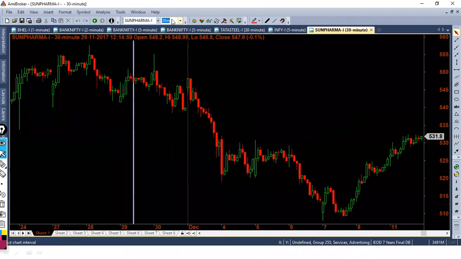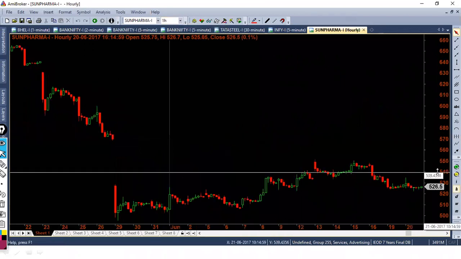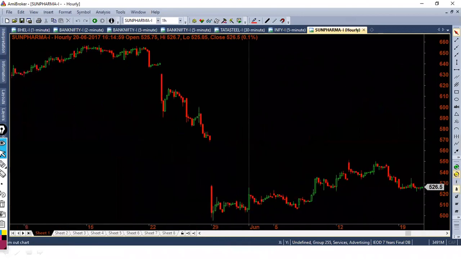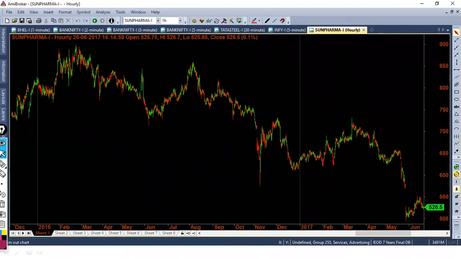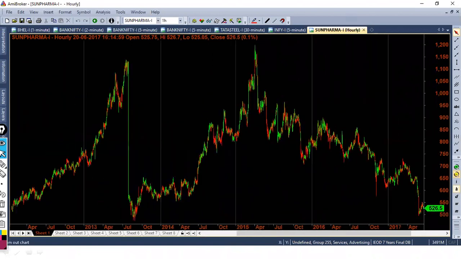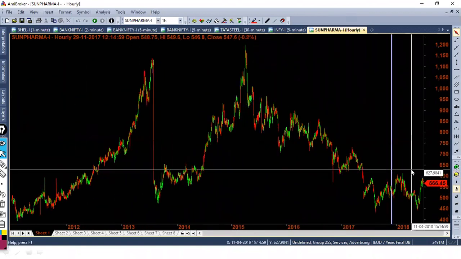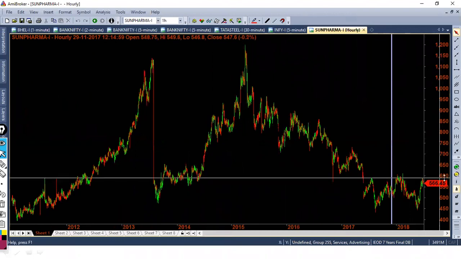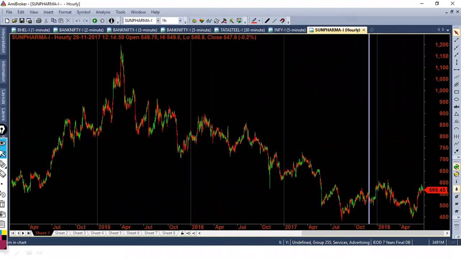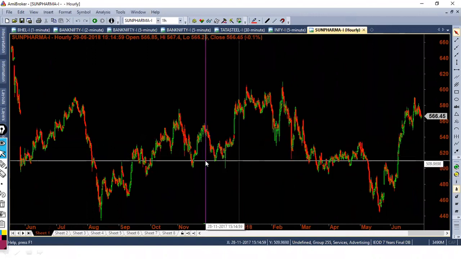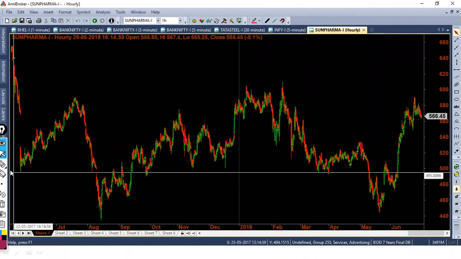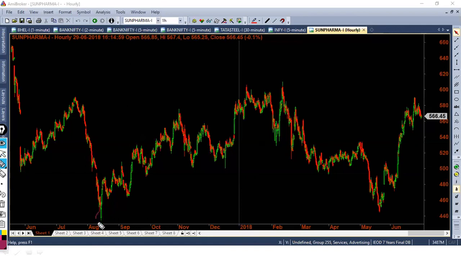I'll go to the hourly time frame so that you can look into the volume also, how the open rejection reverse came. So here, the all-time low which happened over here. This low, I'm going to bring volume charts over here on the hourly time frame.